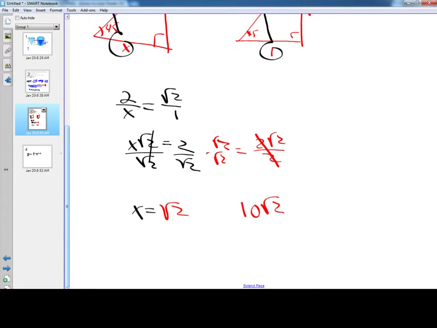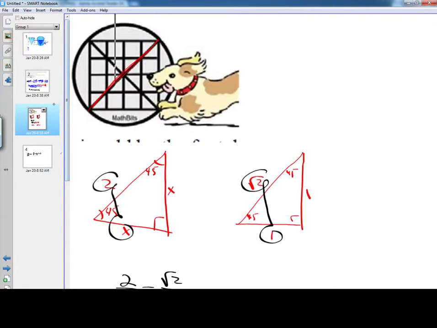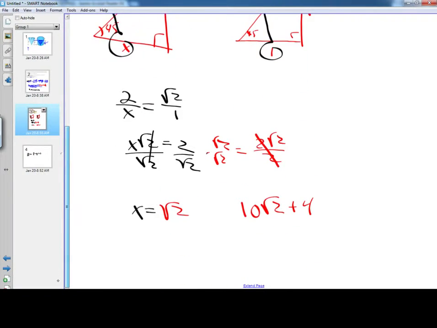But I also need the 2 diagonals. Those were easy, right? What was the length of those? 2. There are 2 of them, sweetie. There's one going that way, one going this way. So here is one grate right there.